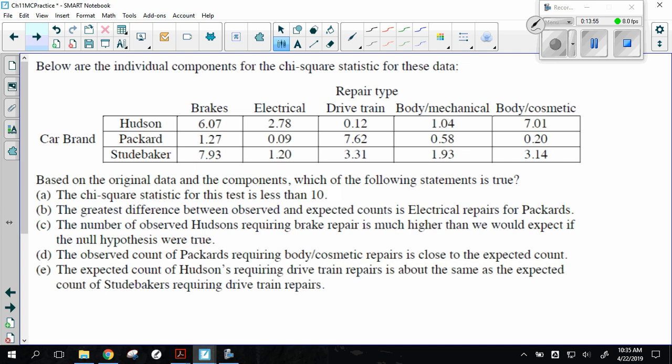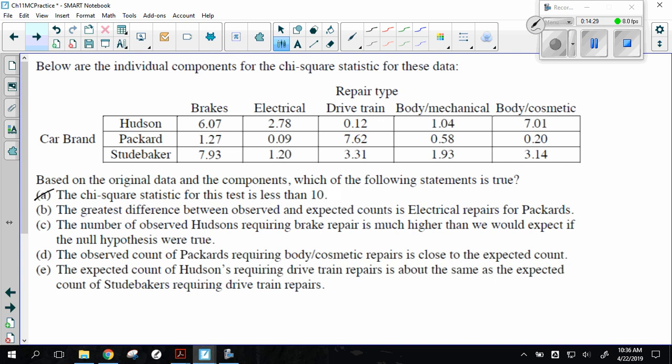That's what each one of these individual values in our two-way table are. So we have some logical conclusions that we need to make. The first one's not too bad. The chi-square statistic for this test is less than 10. Well, the chi-square statistic is going to be the sum of all of these, which is definitely going to be more than 10. So that one's out.